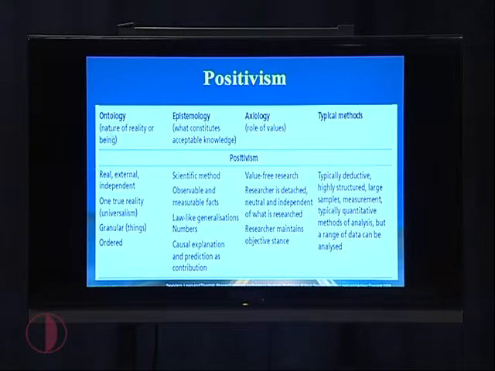Let's say from the ontology: real, external, independent of the researcher, one true reality, universalism, and granular, things ordered. For the epistemology: scientific method, observable, and you can measure these facts from the data that you are collecting. It can be generalized also.